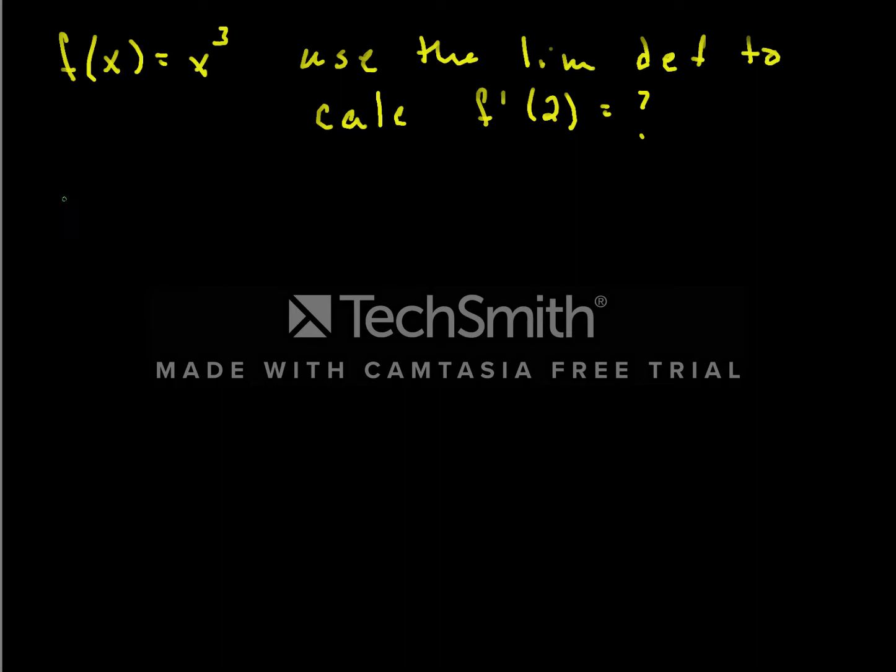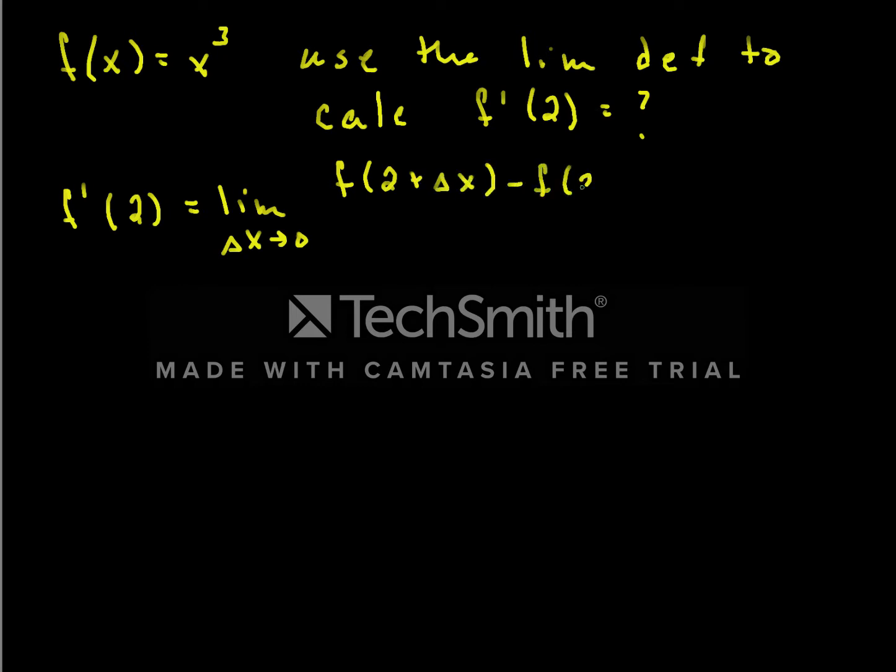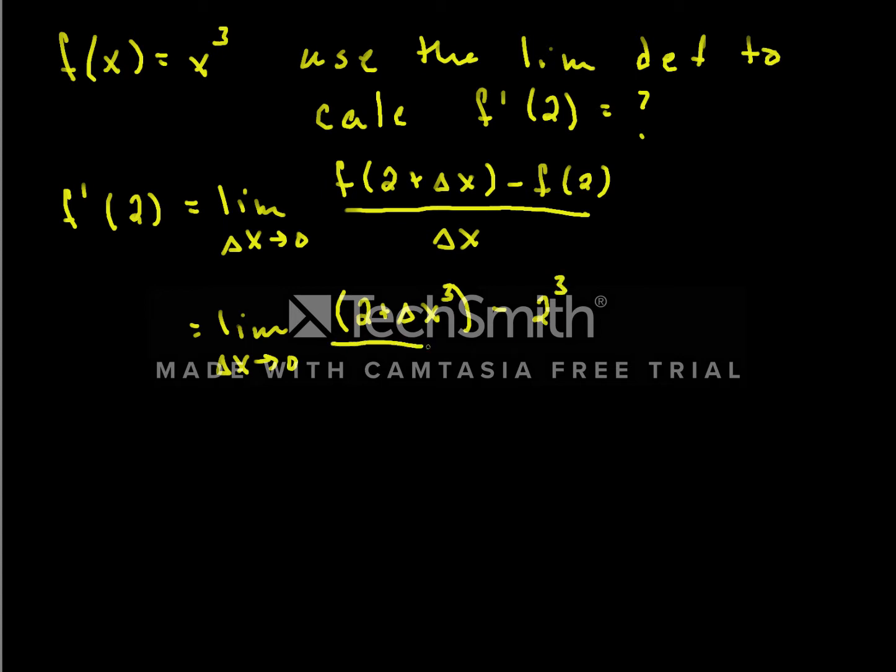So by the limit definition, f prime of 2 is the limit as delta x approaches 0 of f of 2 plus delta x minus f of 2, all divided by delta x, which is equal to the limit as delta x approaches 0 of (2 plus delta x) cubed minus 2 cubed, all over delta x.